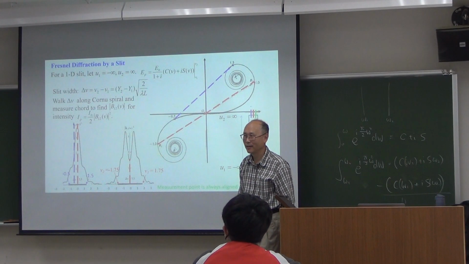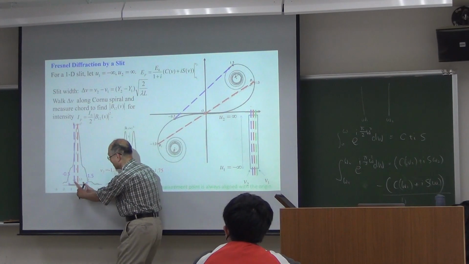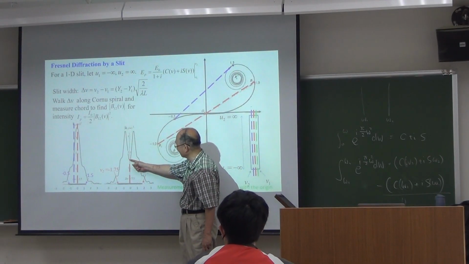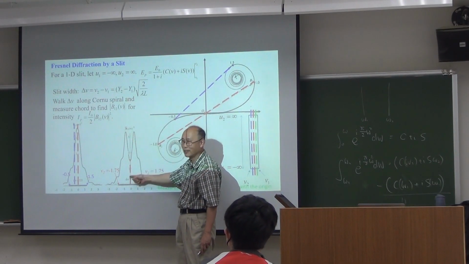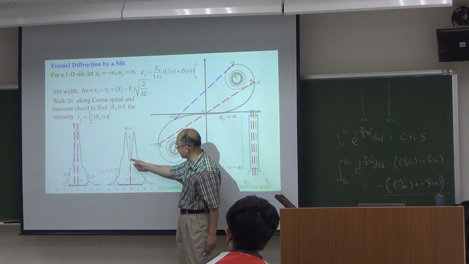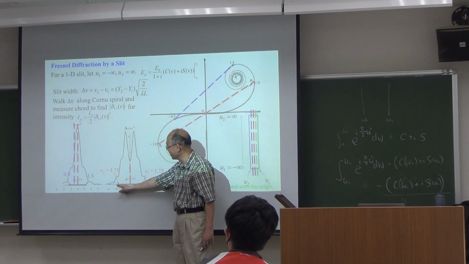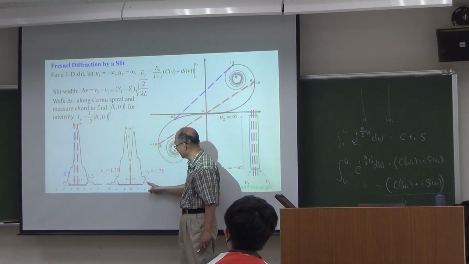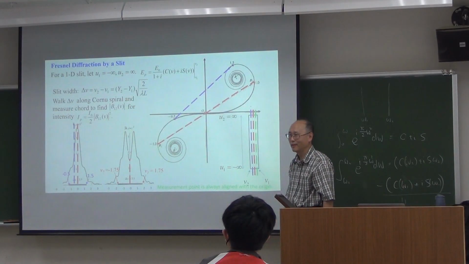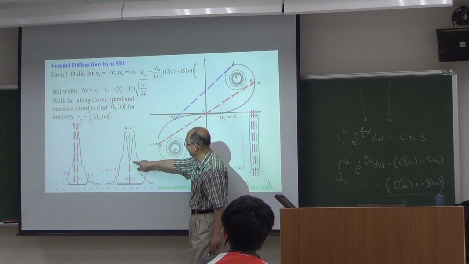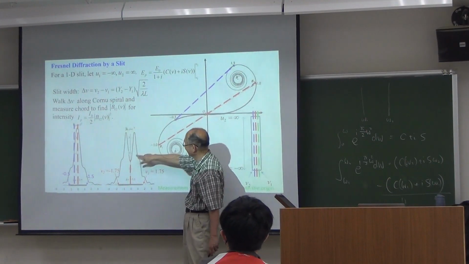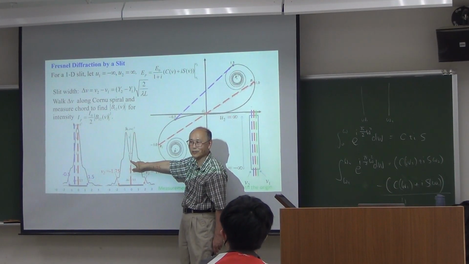Okay. Now, previously you had small slits. Now you open it up a little bit more, and again you want to find the intensity at the center. That's easy, because for the intensity at the center, W1 to W2 runs from -1.75 to 1.75, and you read the value from this to be this value.